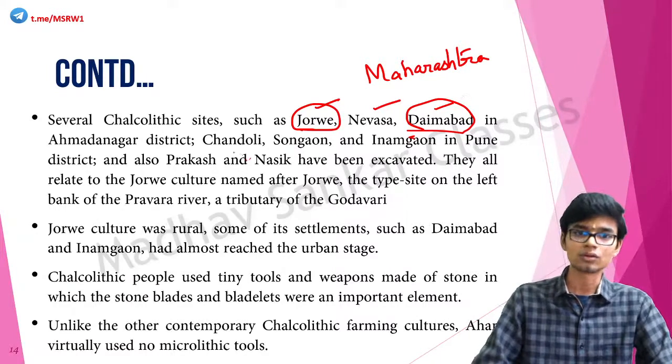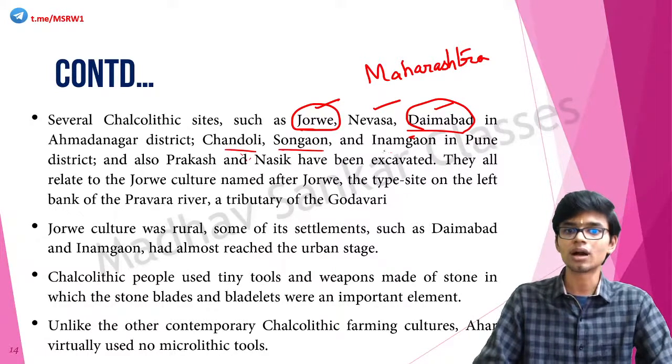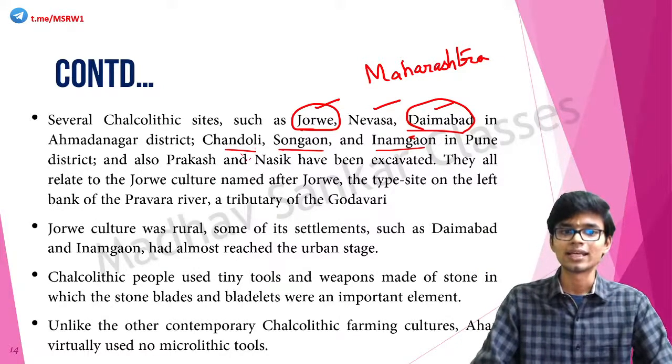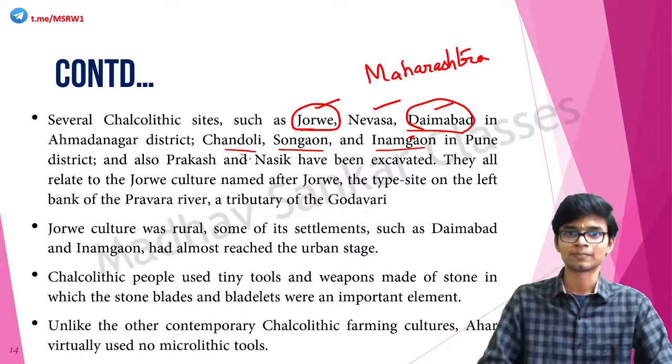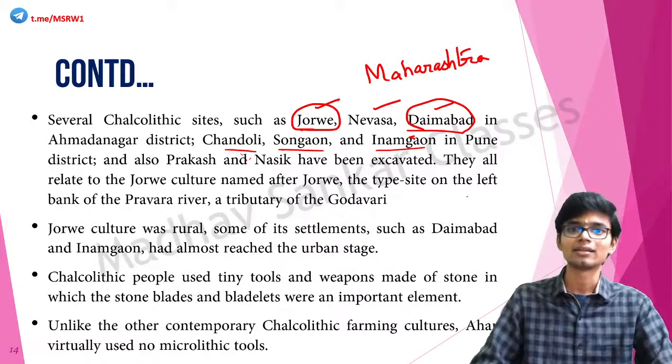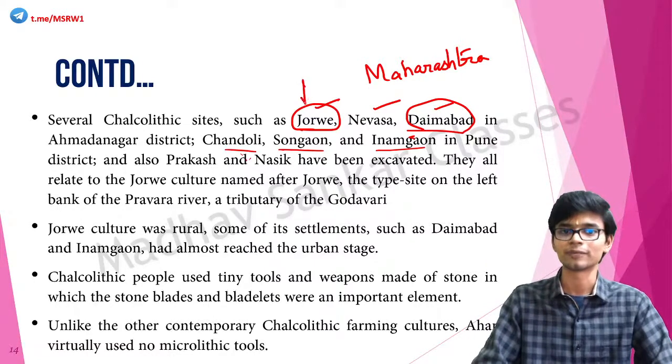Then other sites include Chandoli, Songaon, Inamgaon, all again in Maharashtra. The thing that is common to all these sites is that they are named after one particular type site, and this type site is actually Jorwe.